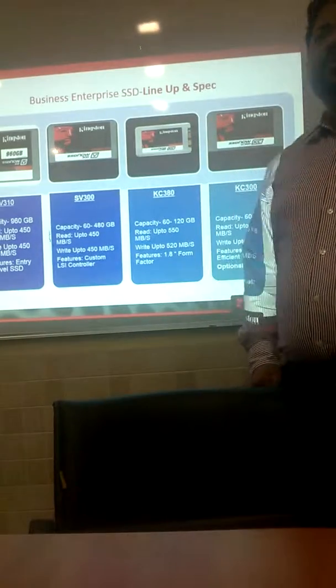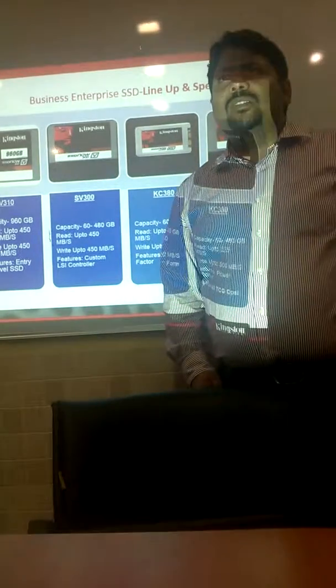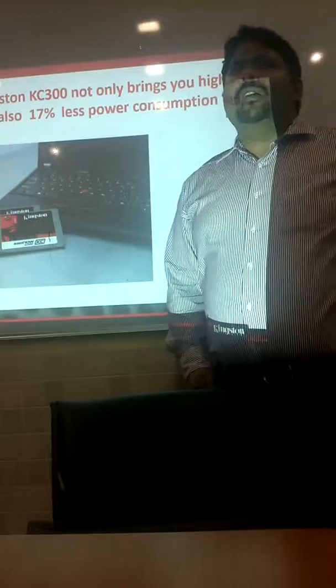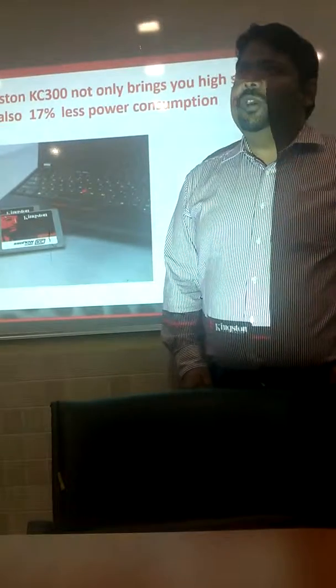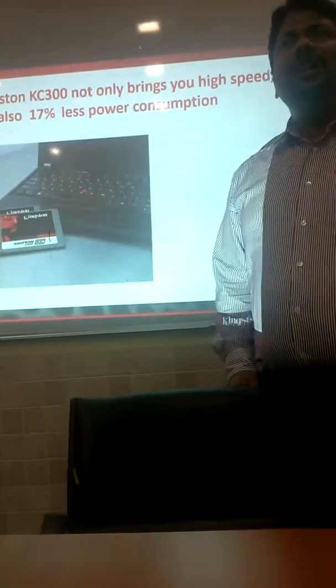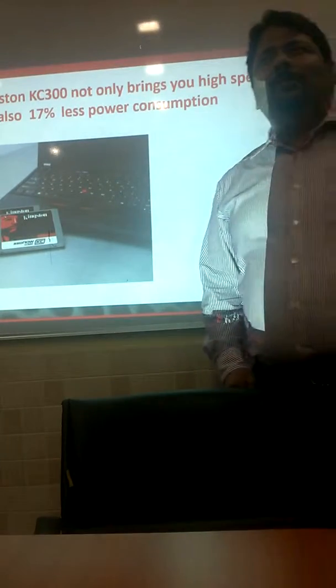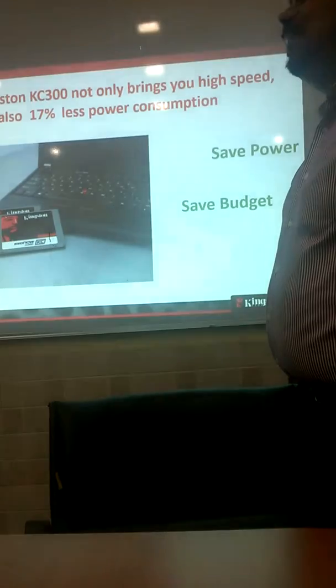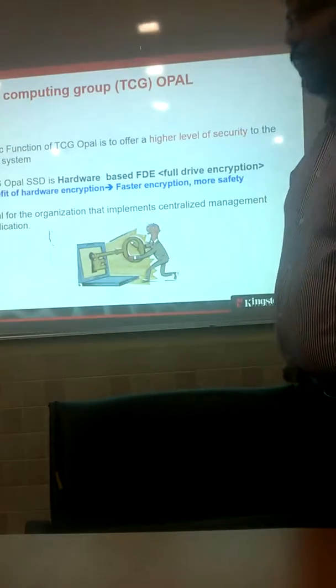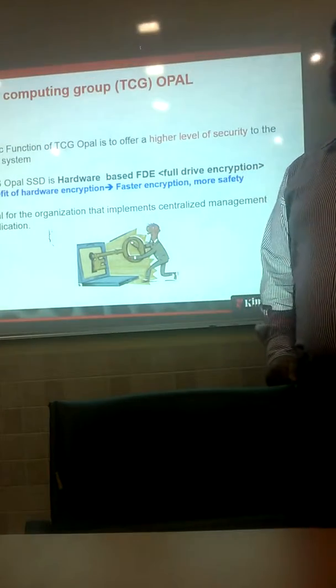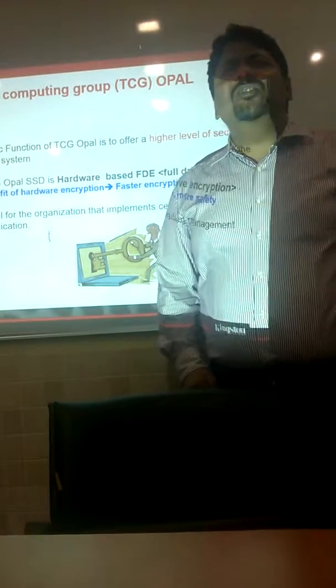The two important features which I would like to discuss with you here: one, the low power consumption feature. KC300 consumes about 17% less power, which means you save power, you save budget, and ultimately contribute to the bigger ecosystem, saving the environment. Coming to the second important feature which KC300 has, it is TCG Opal.